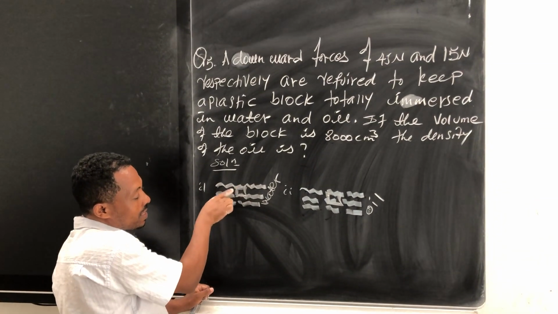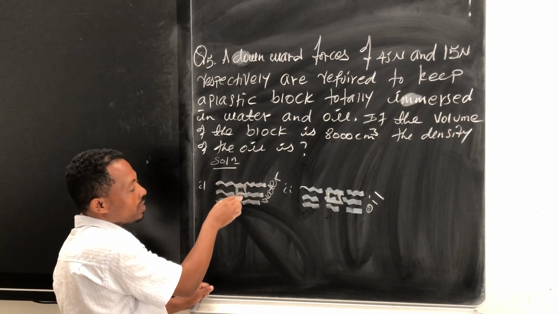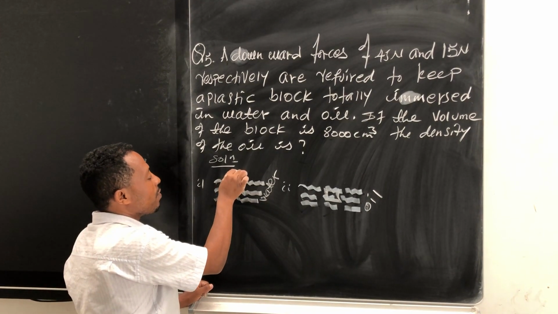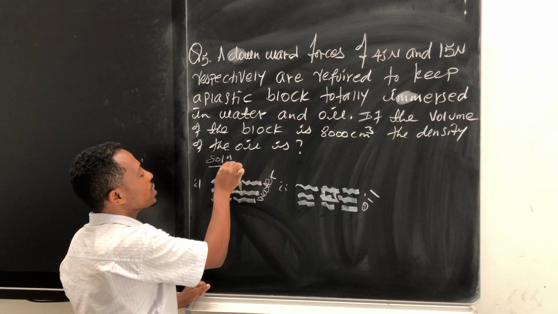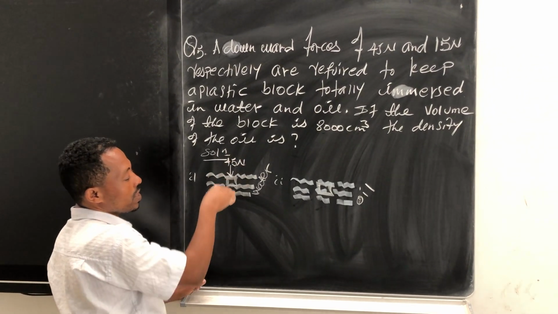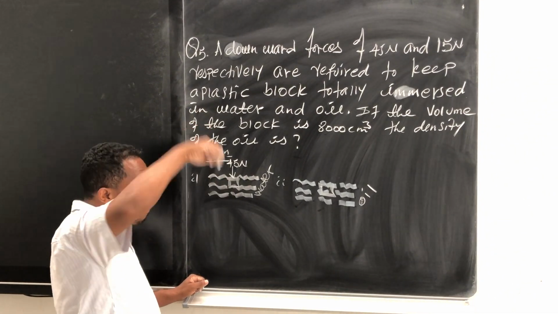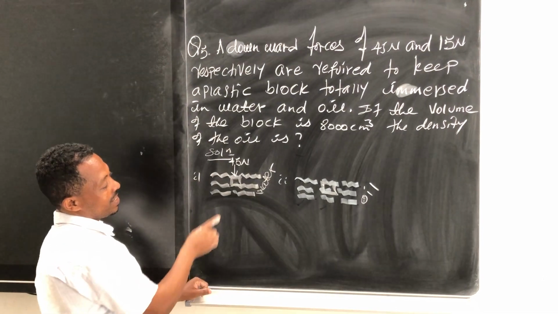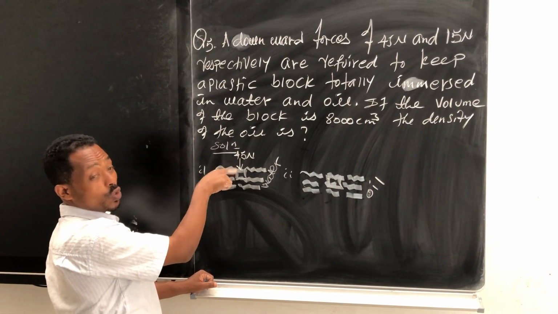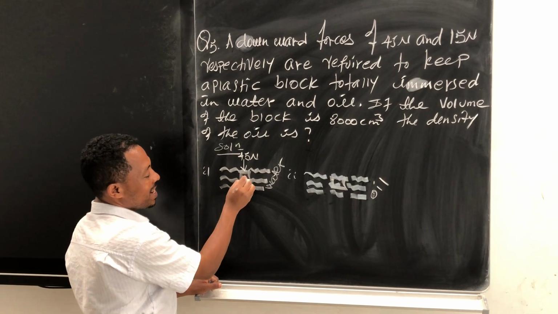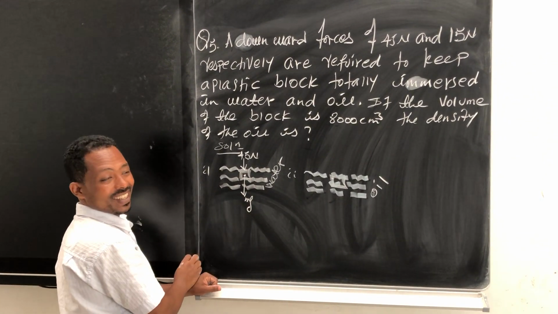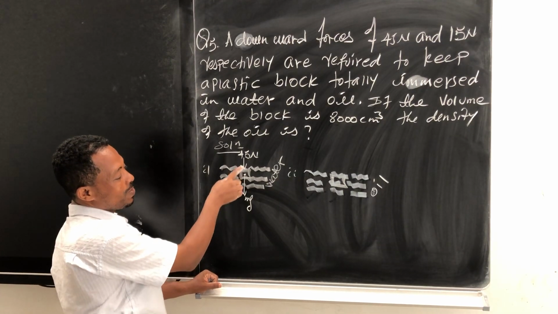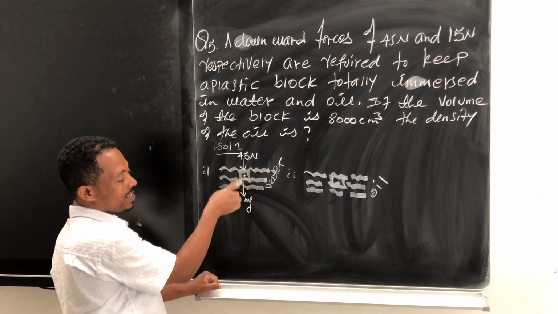To be completely submerged within the water, a 45 Newton force should be applied upon the box, and it should be downward. And then the weight of the box is also downward. How many forces do you see which are downward?